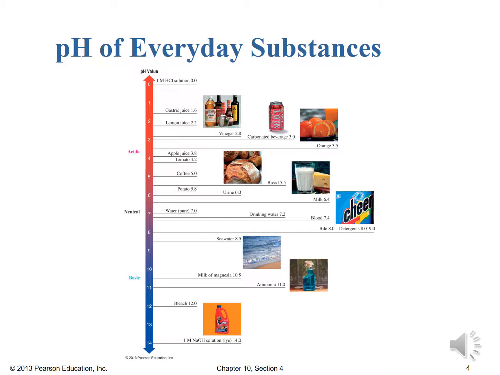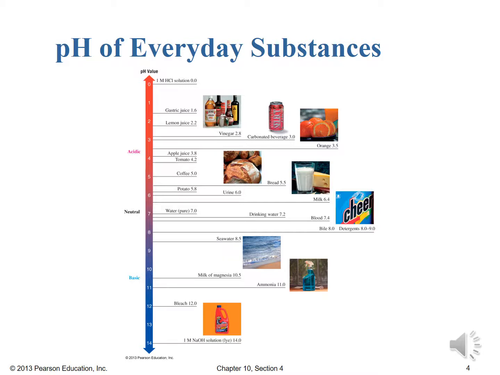And that's because there's lots of things that fall in that range, especially in terms of everyday substances, particularly biological substances. Gastric juice, for instance, our second item from the top, has a pH of about 1.6, and there is hydrochloric acid in that gastric juice, the solution in our stomachs, and it's quite acidic, as you can see.